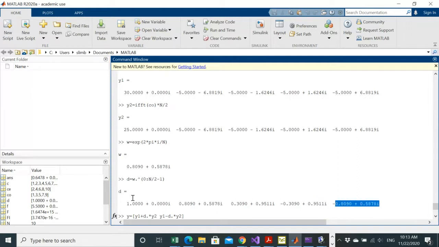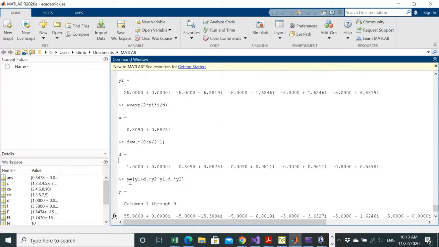Of course, I needed to compose and get, in fact, y equals F C, capital FC, directly. So this is what I can get if I write the following. It has 2 parts: the first one is y1 plus d multiplied by y2, and y1 minus d multiplied by y2.